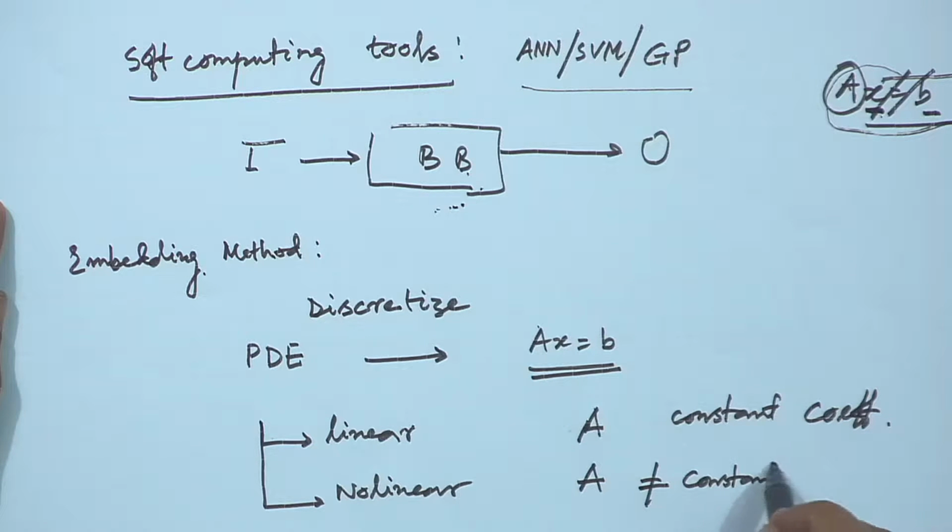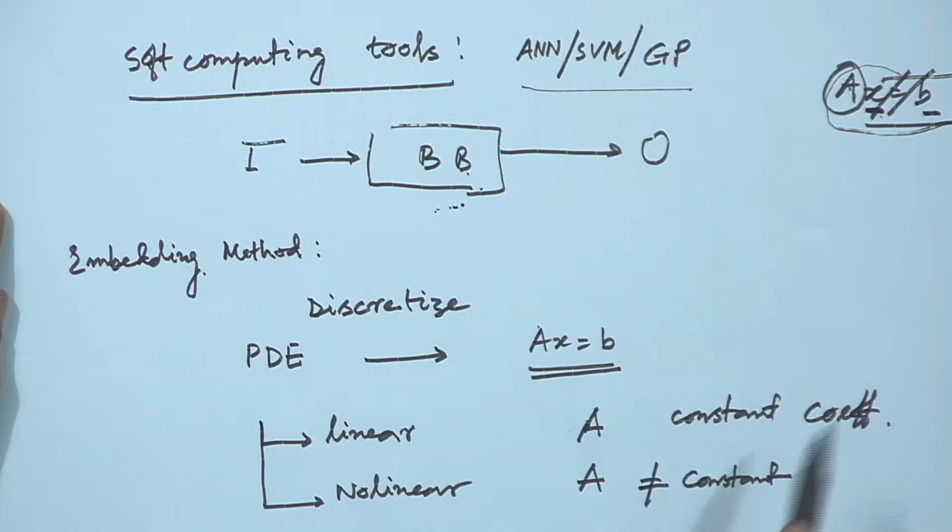At every iteration this will change, and you have to satisfy the nonlinear relationship within your optimization algorithm.